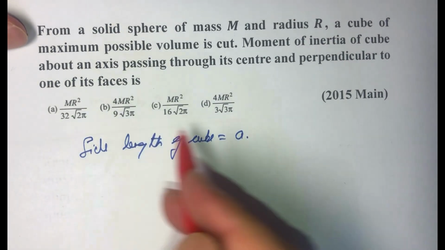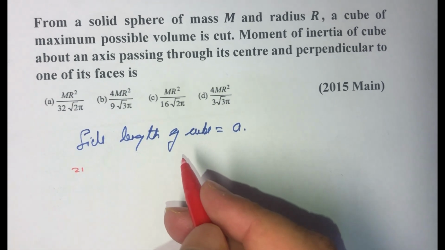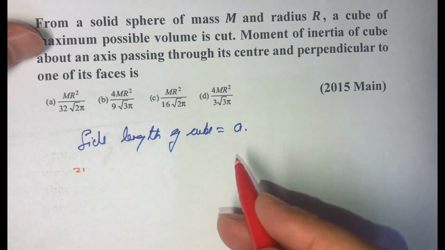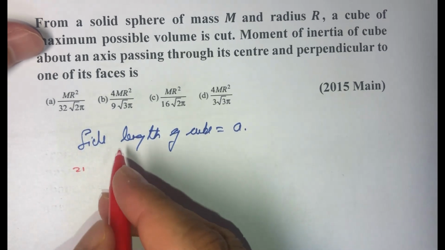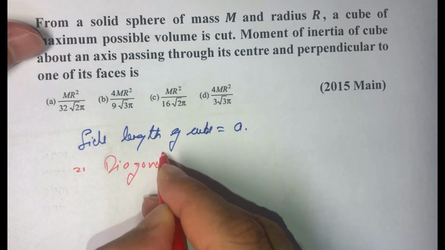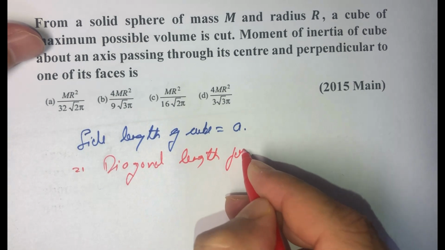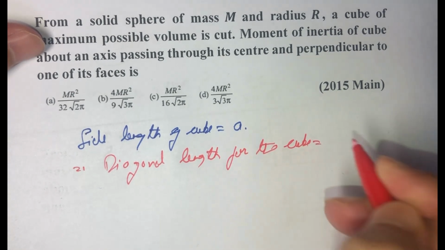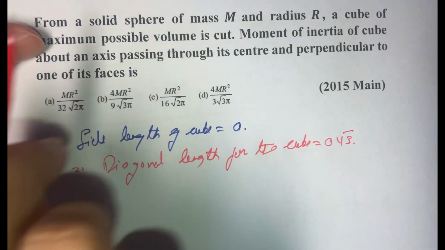Therefore, we can say the diagonal length of the cube between the diagonal opposite vertices will be a multiplied by root 3. So the diagonal length for the cube will be equal to a root 3.